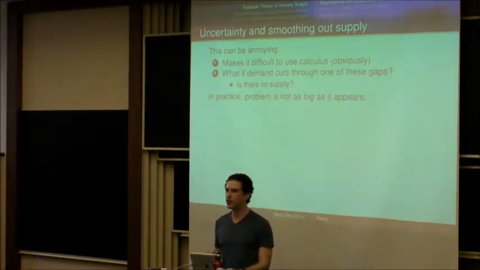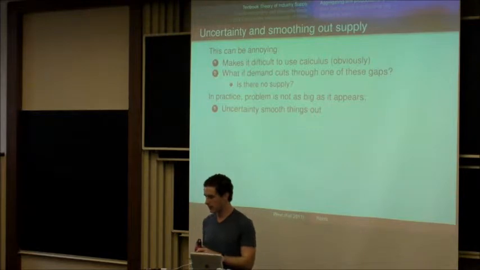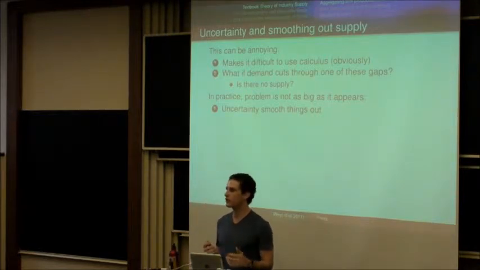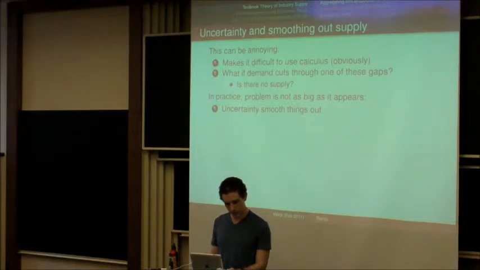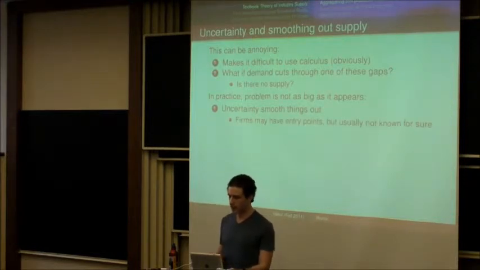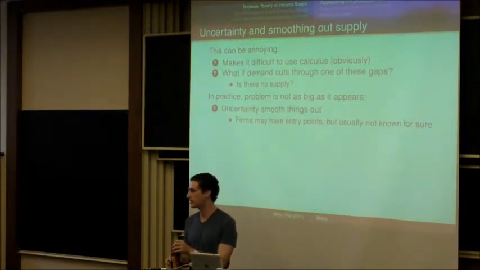So in practice, this problem is not nearly as bad as it appears. One of the most important reasons is that uncertainty about the points at which the firm enters can smooth things out. Firms may have entry points, but we usually don't know for certain at exactly what price they would enter the market, right?